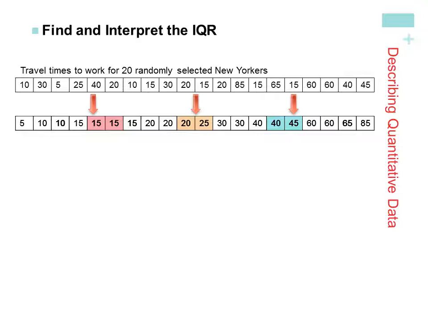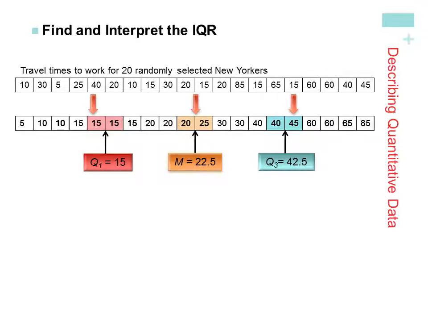We're going to find our median values. We said our median was 22.5. Our quartile 1 is going to be 15 because it's the middle of these two 15s. Quartile 3 is going to be 42.5 because it's the average of the two middle numbers, 40 and 45, with 4 above 45 and 4 below 40, going down to here because this is my median.